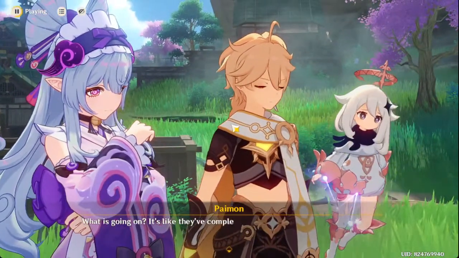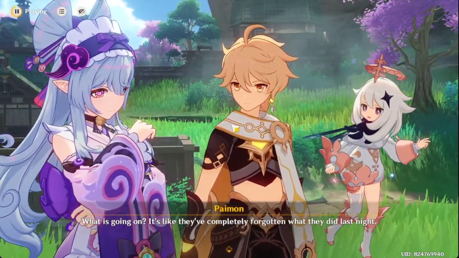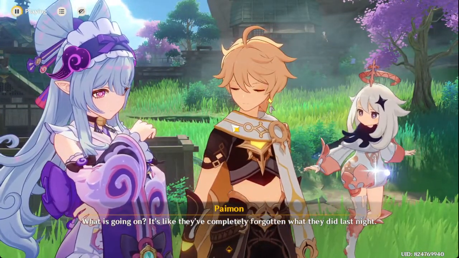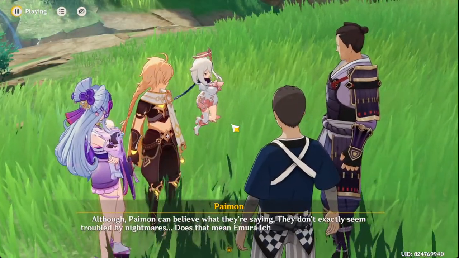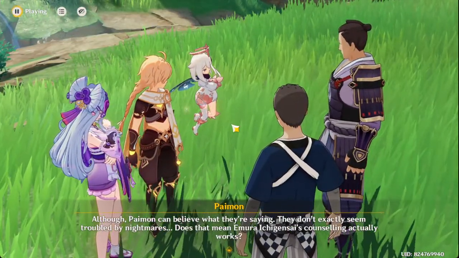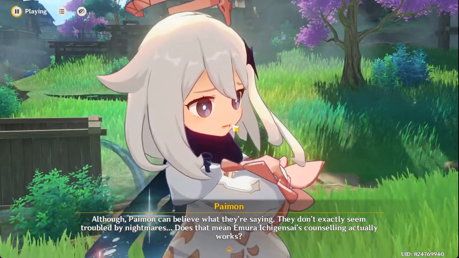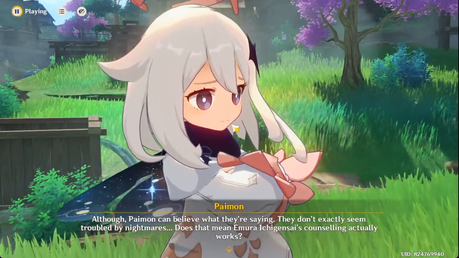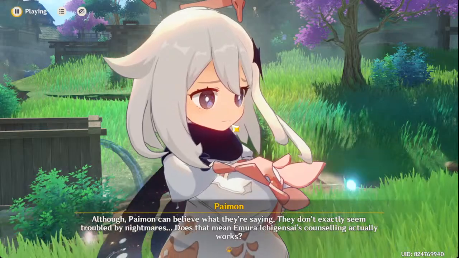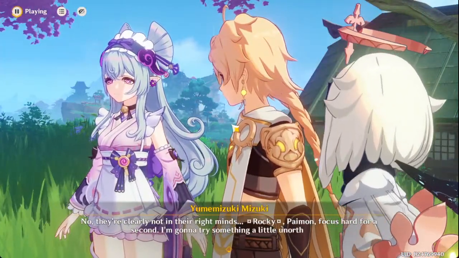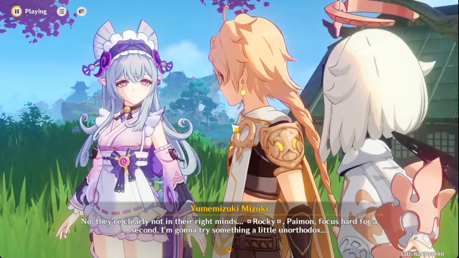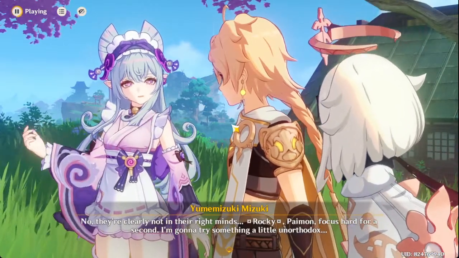What is going on? It's like they've completely forgotten what they did last night. Although Paimon can believe what they're saying, they don't exactly seem troubled by nightmares. Does that mean Amura Ichigensai's counseling actually works? No. No, they're clearly not in their right minds. Traveler, Paimon, focus hard for a second.